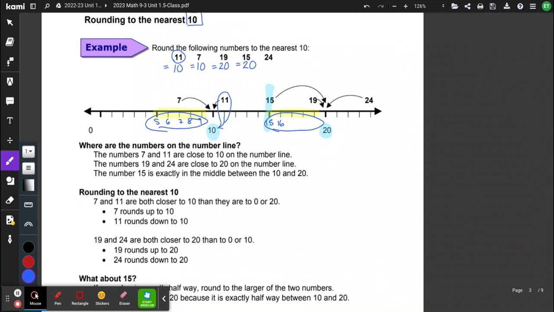Now look at the number 24. The number 25 would be right there, and that would be halfway to the number 30. Now, if I said, who is he closer to in ones, you would say he's closer to the 25. But if I said tens, that means it has to have 0 on the end. So is he closer to a 20 or a 30?